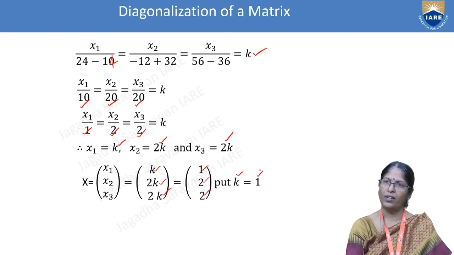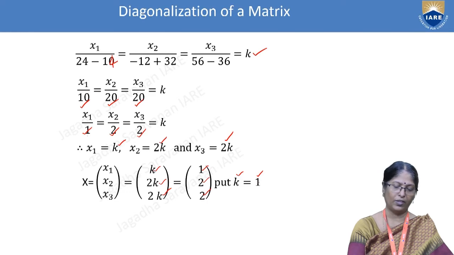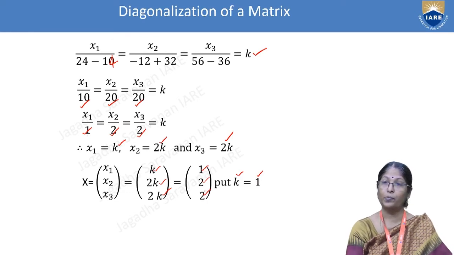Any values we can assign, but it's a non-zero arbitrary constant. Compulsorily, you can't take it as 0. If you take 0, everything will come 0, 0, 0. Then it becomes a zero matrix, that is, a zero vector we are getting.